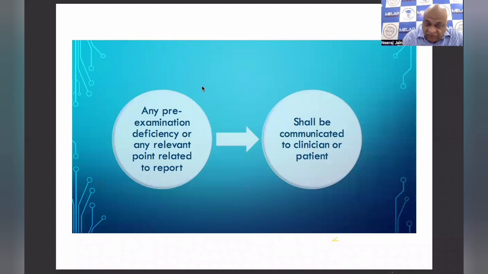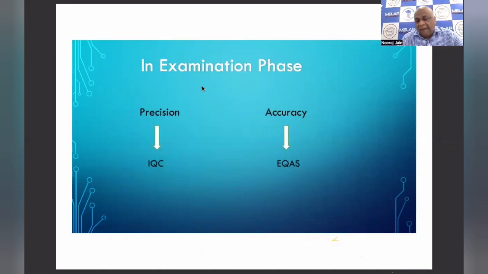Tube is either overfilled or underfilled, or some clot is there in the EDTA sample or citrate sample. So these are not acceptable samples. Or clinicians, they are using very fine needle to collect the sample. In the process, the samples are getting hemolyzed. Any such thing shall be communicated to the clinician, or if a patient collected sample, to the patient.